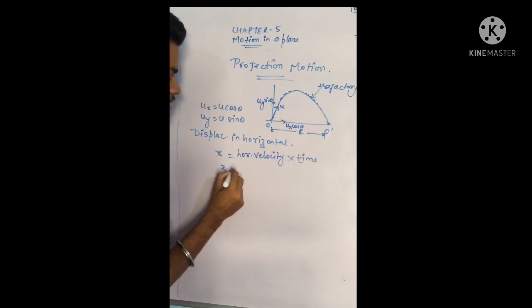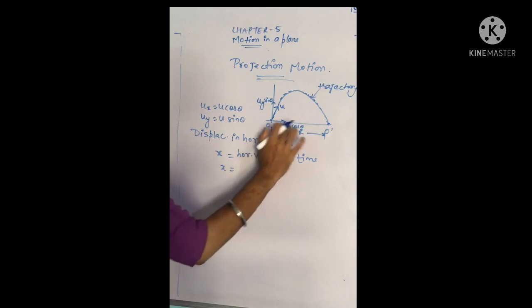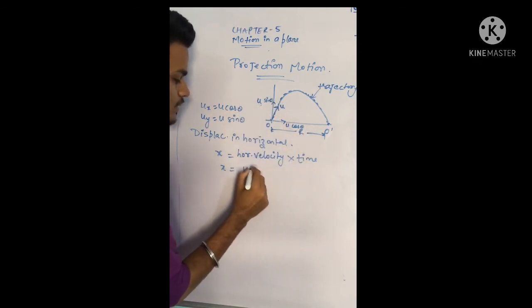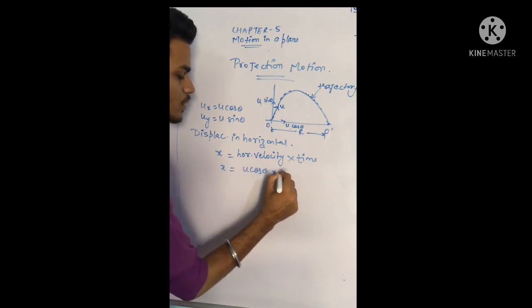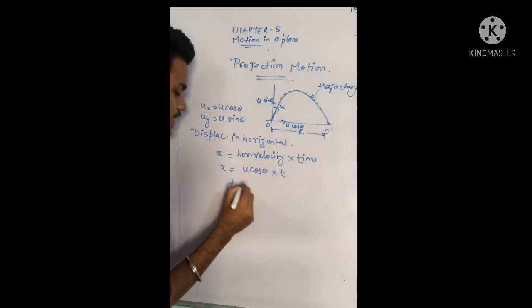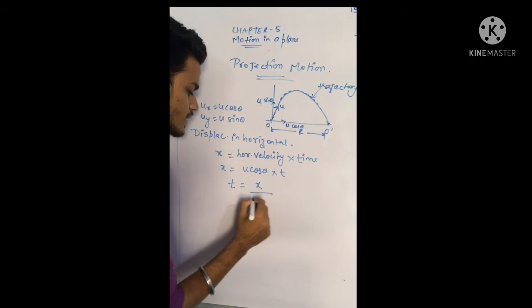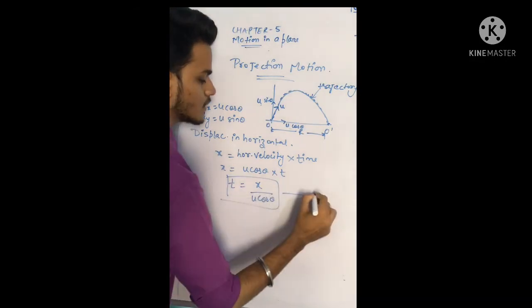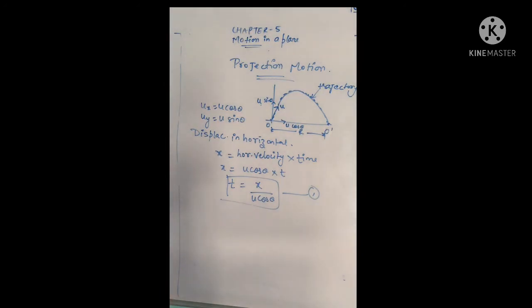What is the horizontal velocity here? Horizontal velocity is u cos theta. So x is u cos theta into time t. Finding the value of t here, we get t is equal to x upon u cos theta. So mark it as equation number one. This will be helpful further.